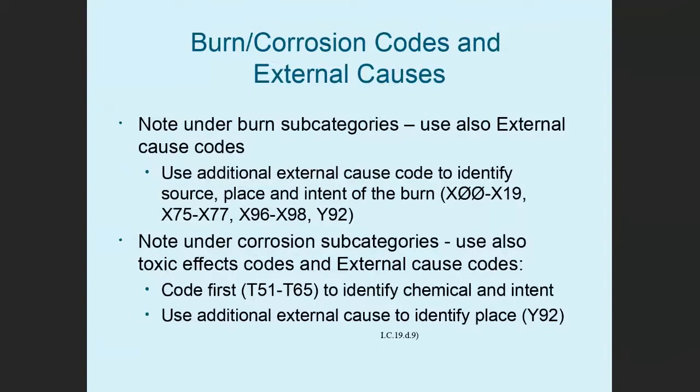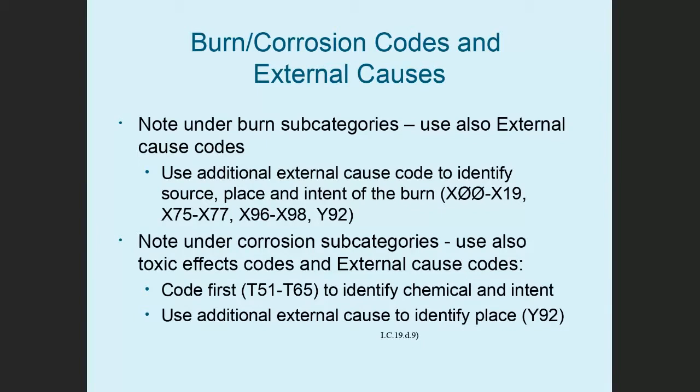Now, codes for burns and corrosions include a note to use another code to identify the external causes. What was the patient doing? Where was the patient, etc. Burn codes state, use additional external cause code to identify the source, the place, and the intent of the burn. Was this a hot appliance?